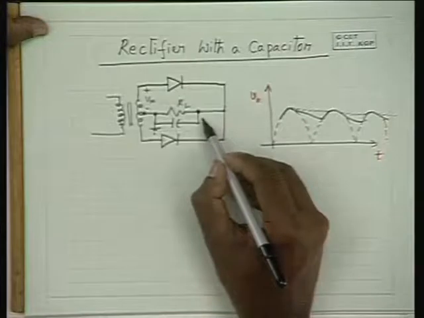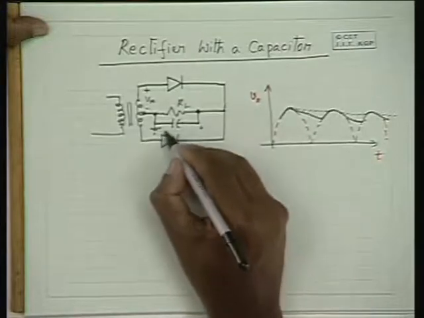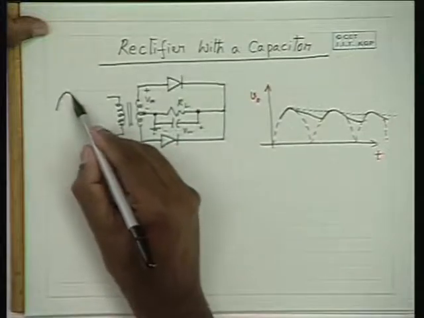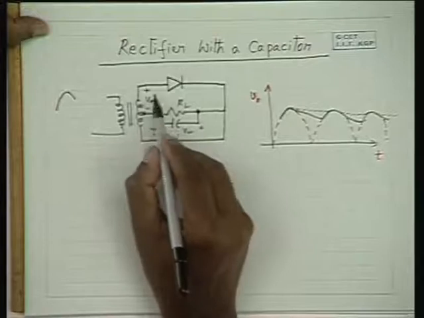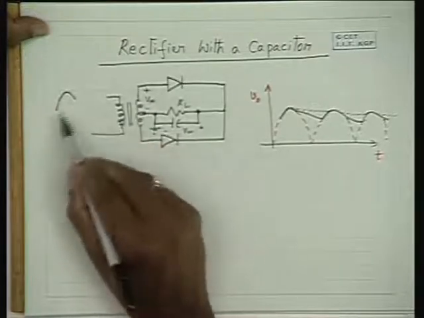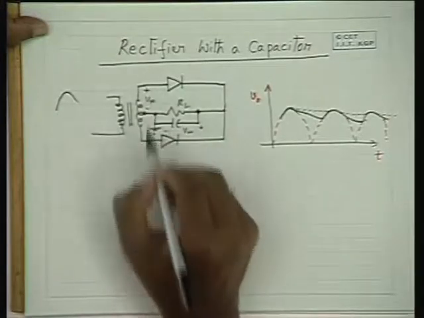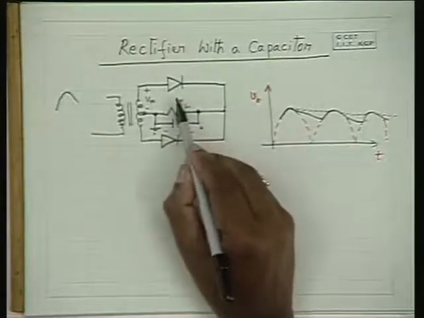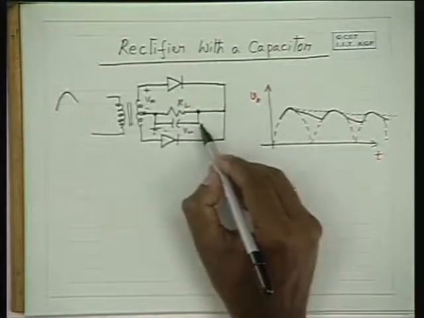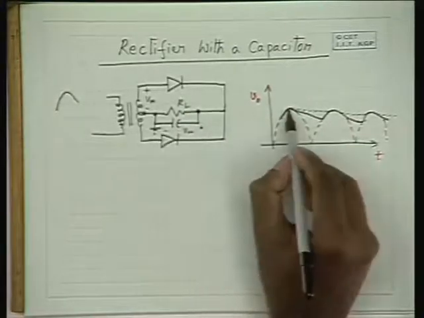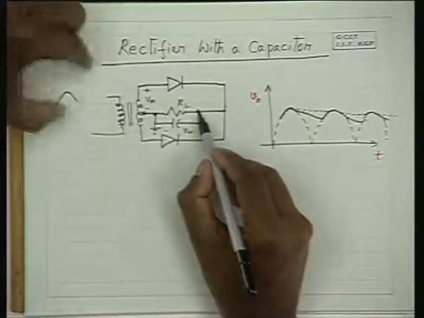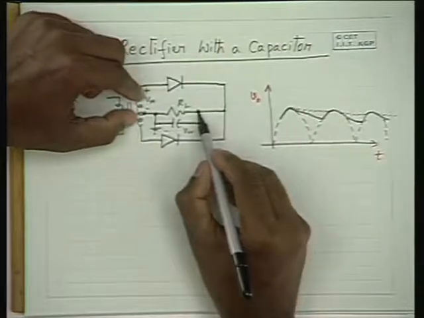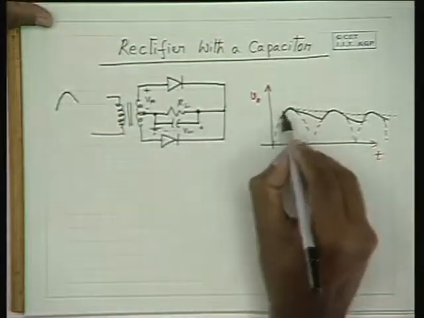Now once the capacitor voltage is charged to the peak value, that is Vm, and the input starts falling because of the sinusoidal voltage, at this point this diode becomes reverse biased, because its output point is already charged to plus Vm here, and the input is falling just below Vm.